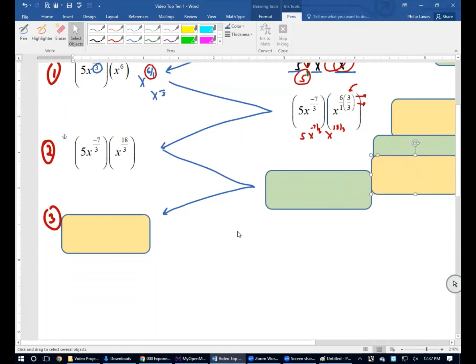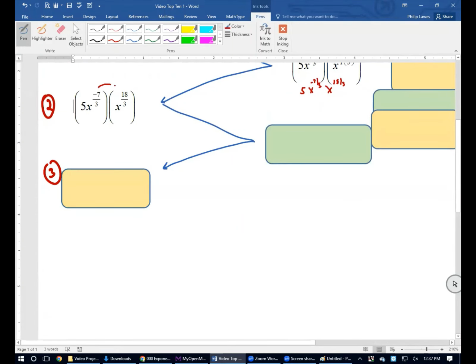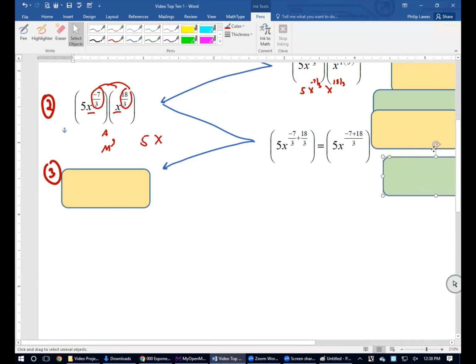Now, when you multiply with exponents, you add the exponents. So I'm going to add this and this for my common base of x. I'm going to have 5x, and I'm going to add those 2 exponents.